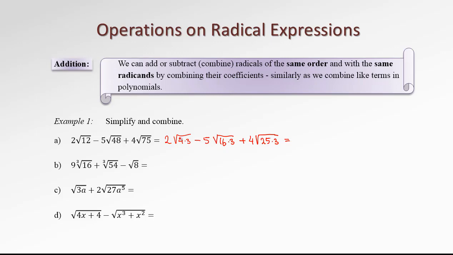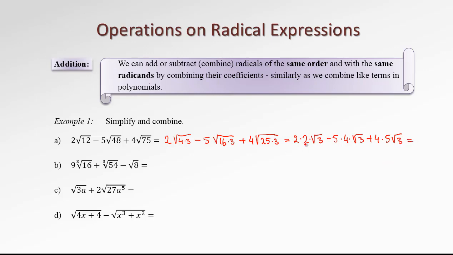In the first expression, root 4 is 2, so we have the original 2 times root 4, which is another 2, and times root 3. Then minus 5, root 16 is 4, so we multiply by 4, and times root 3. And finally, plus 4, root 25 is 5, times root 3.